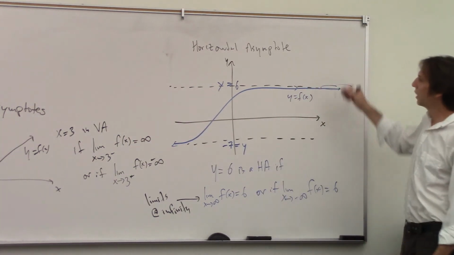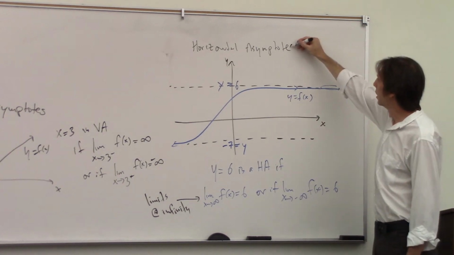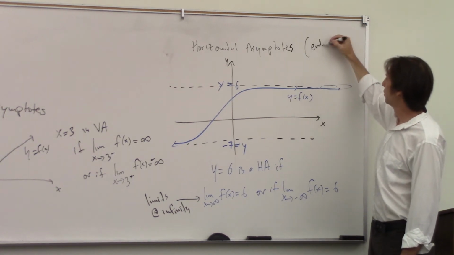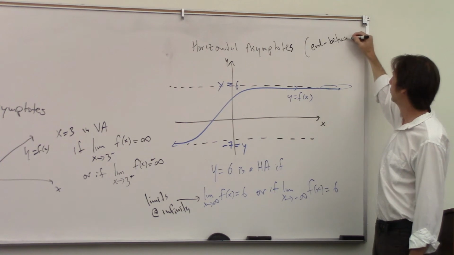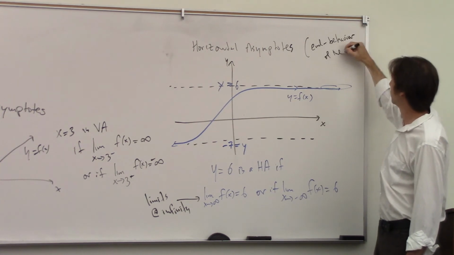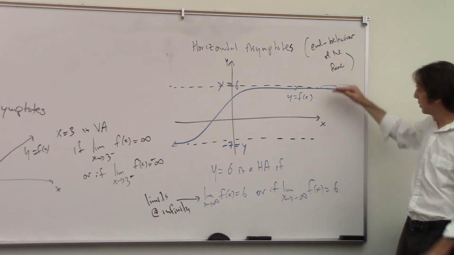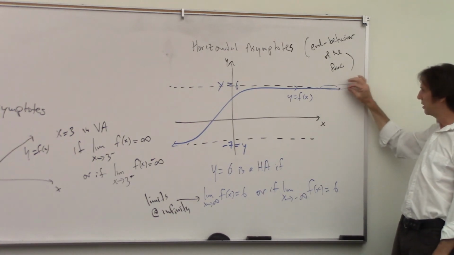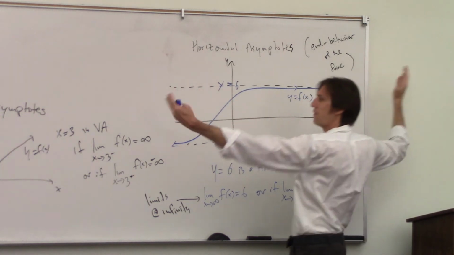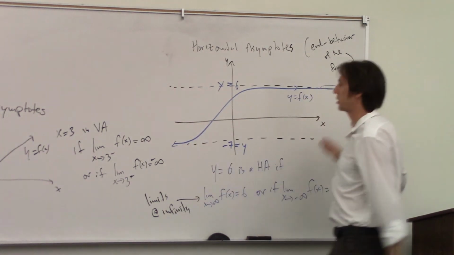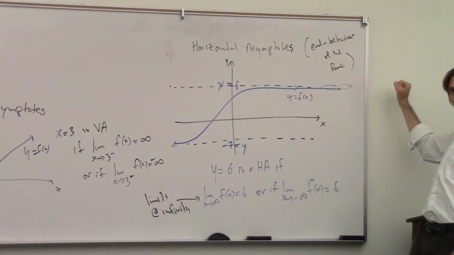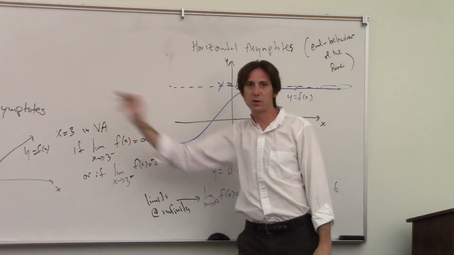When I think of horizontal asymptotes, I think about what's called the end behavior of the function, because the horizontal asymptote is telling me what's happening way far out on either end of the function, when x is really large or when x is really large but negative.